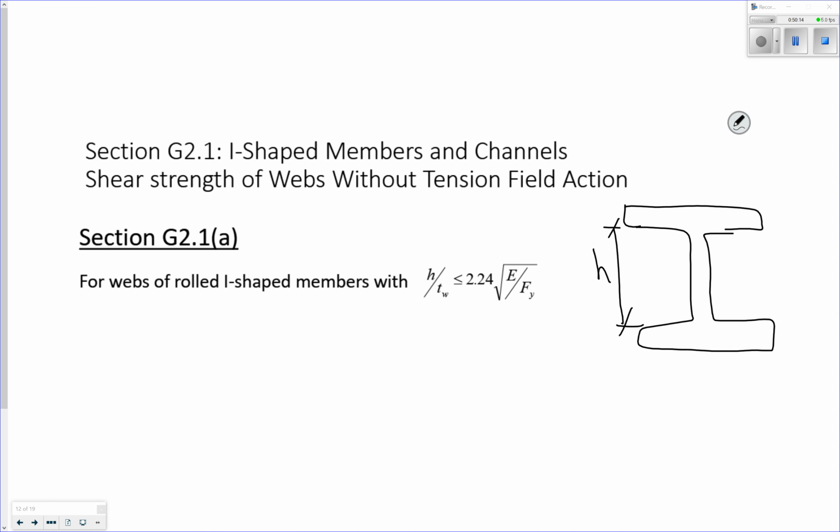So it's not D, it's h, over the web thickness, that's my slenderness ratio.